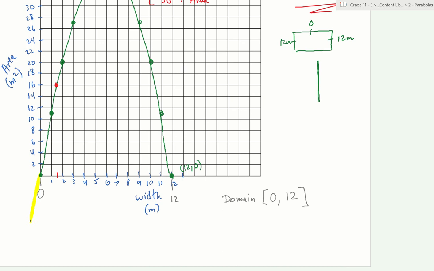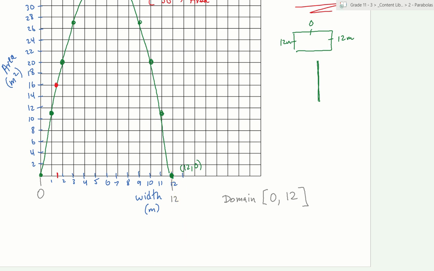Well, we know that the parabola would continue going on. Over here, it would be going into the negative x zone, and over on the right side, the parabola continues past 12, but in this situation, it wouldn't make sense to have negative areas or negative widths, so let's take that left side away. And it wouldn't make sense to have widths bigger than 12, because then we just couldn't make a rectangle.